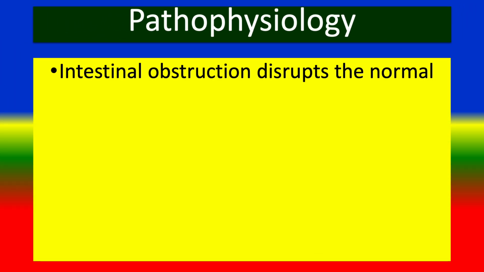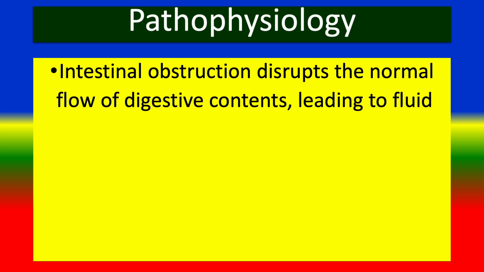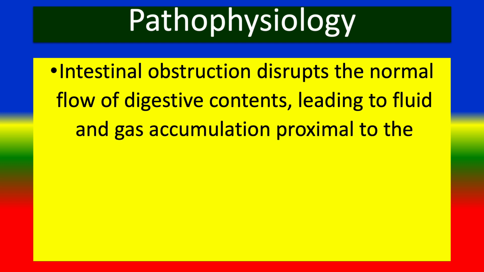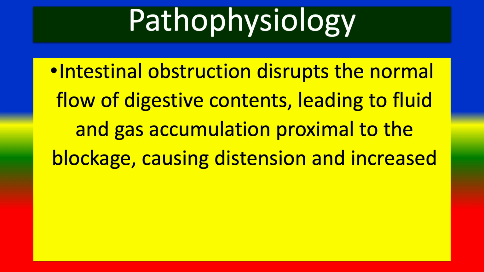Pathophysiology: intestinal obstruction disrupts the normal flow of digestive contents, leading to fluid and gas accumulation proximal to the blockage, causing distension and increased intraluminal pressure.